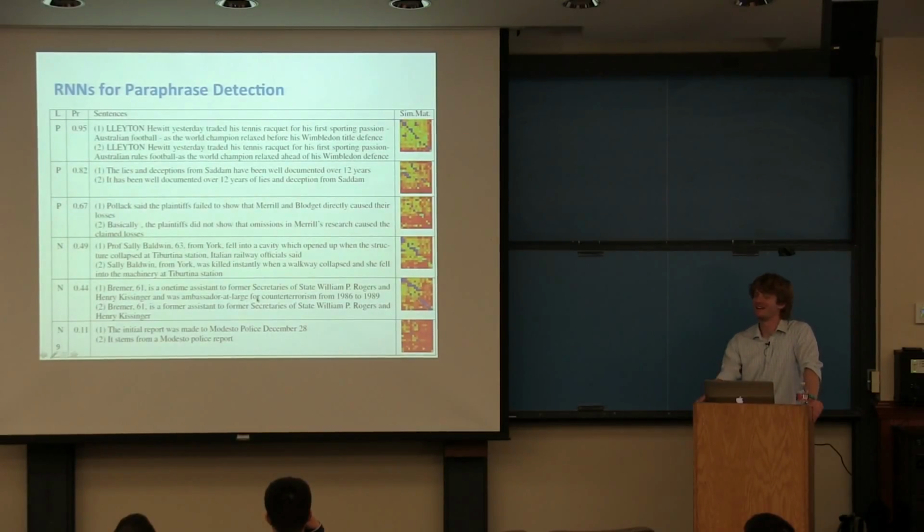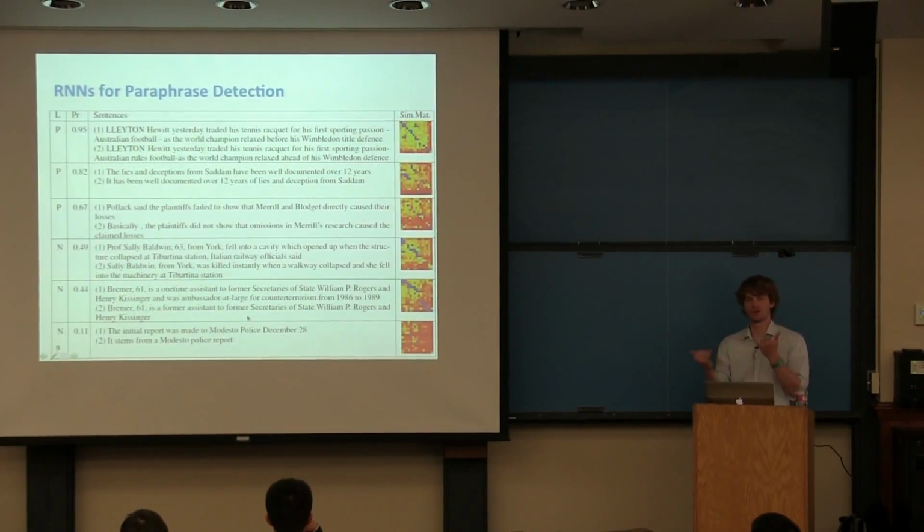Yeah. The first one basically has an entire clause that is missing. Exactly. It has this entire clause here, that Henry Kissinger was an ambassador at large for counterterrorism, and that whole fact is missing from the other sentence, and that breaks the mutual entailment relationship, that if one is true, the other one has to be true as well. And so here you see that this is captured in the similarity matrix.